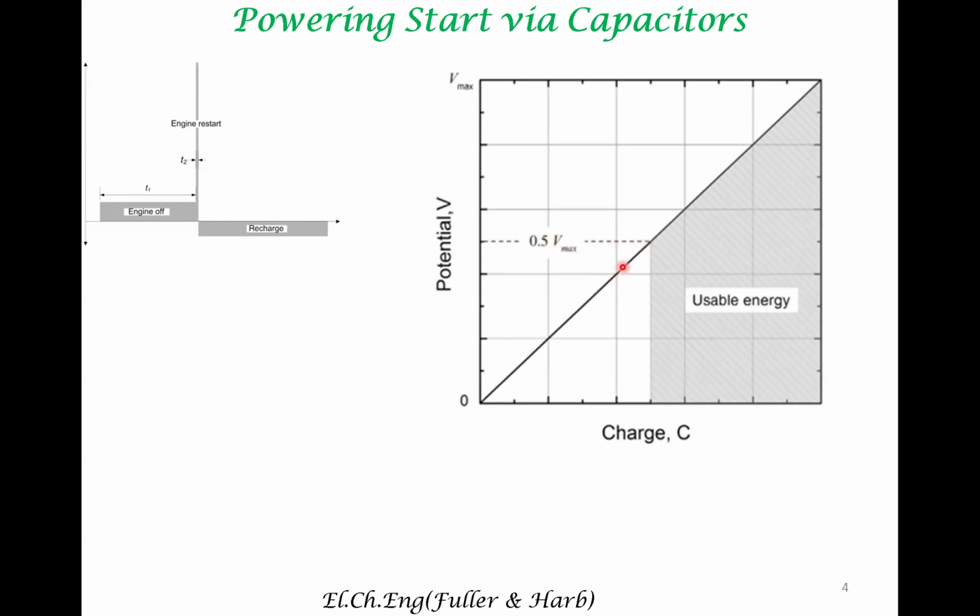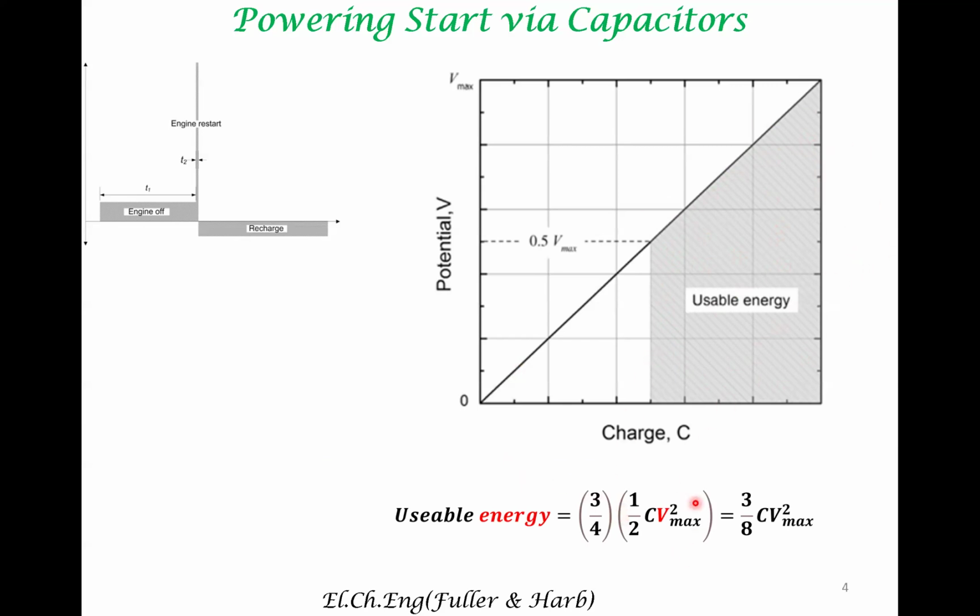So you do not want to be operating below this voltage. So the usable energy is equal to QV. So the usable energy from a capacitor is in this region.